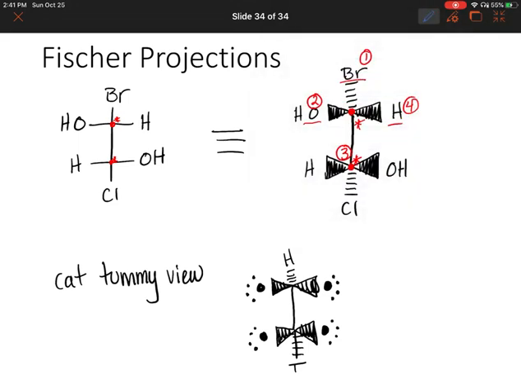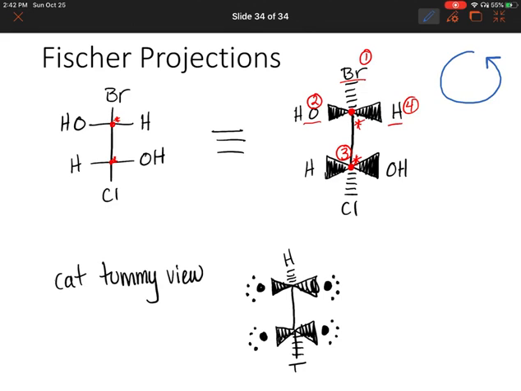So let's draw a circle going from 1 to 2 to 3. I'll just draw it off to the side to make it easier to see. So is that turning in a clockwise direction or a counterclockwise direction? Counterclockwise.